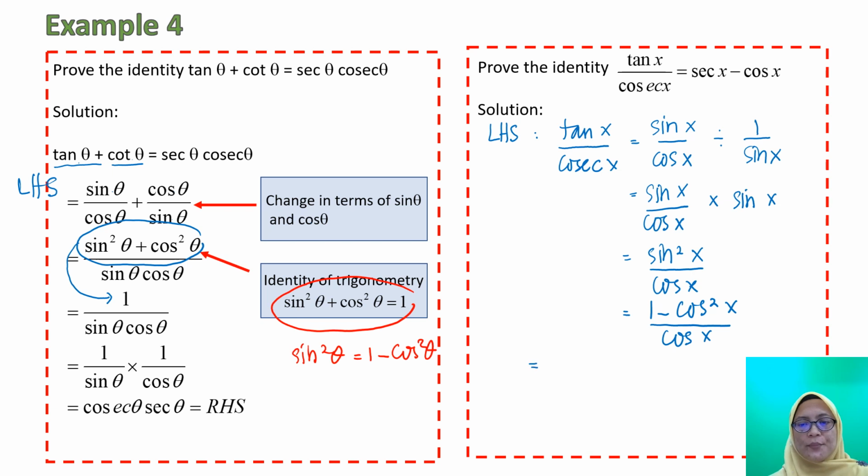Okay, so then separate each of the term by cos x. So 1 over cos x minus cos square x over cos x. So 1 over cos is secant x minus cos square over cos. So kita boleh cancel satu. So dapat cos x. So kita dapat proof right hand side.